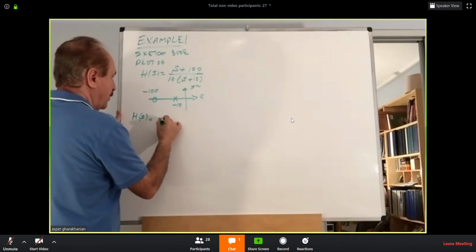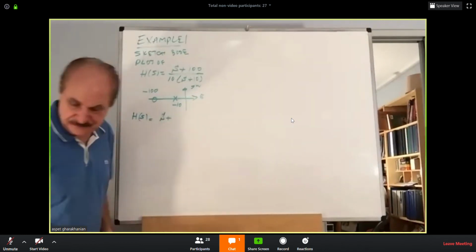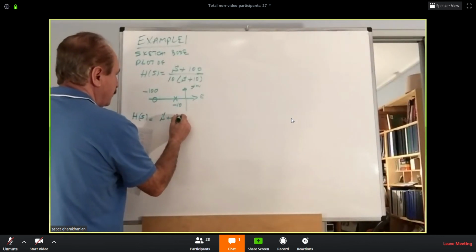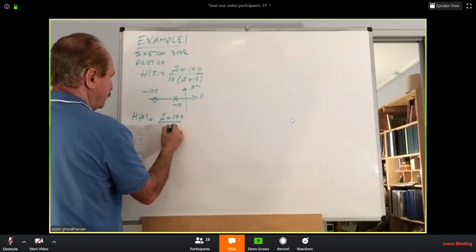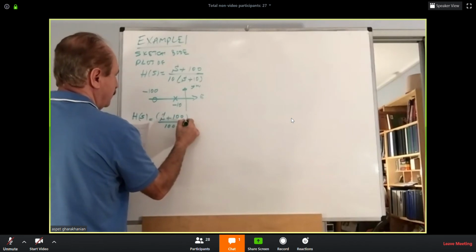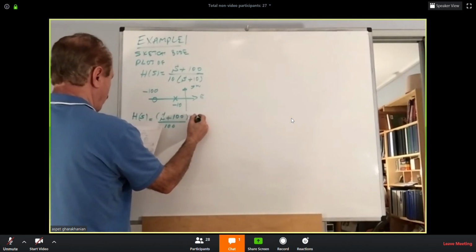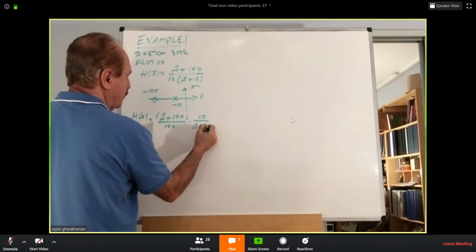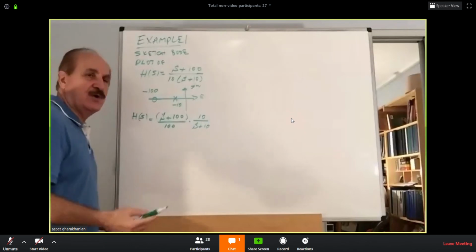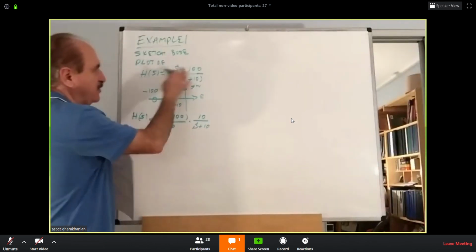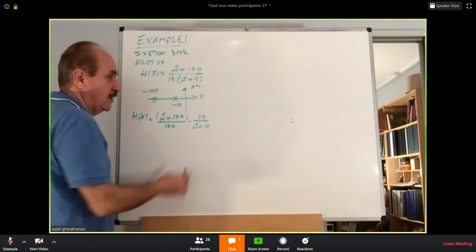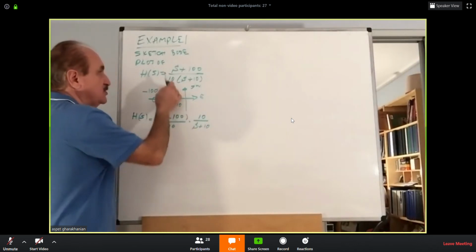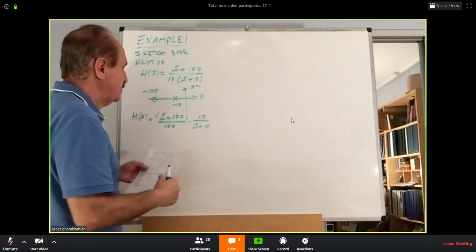You get (s plus 100) over 100, multiplied by 10 over (s plus 10). If you look at it, both of them are normalized functions. It just happened to be that way with the numbers that I gave you. If this wasn't 10 by accident, was something else, you have to create it.